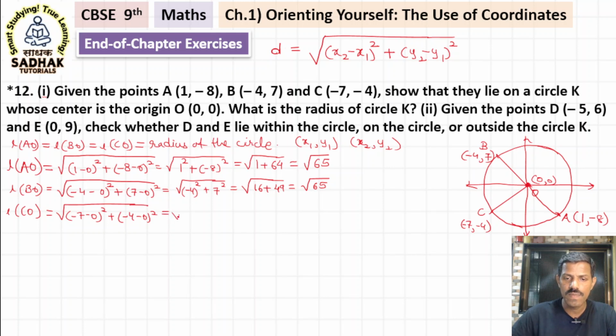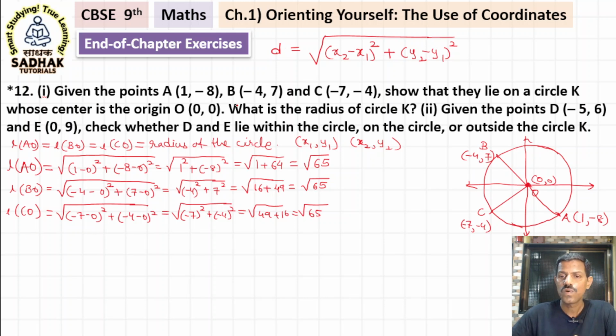So again that will be simply (-7) square plus (-4) square, similar to the BO case, that is 49 plus 16, which is square root of 65. So here because the lengths of AO, BO and CO are equal, we can say that yes, all these 3 points lie on the circle having the center as origin.